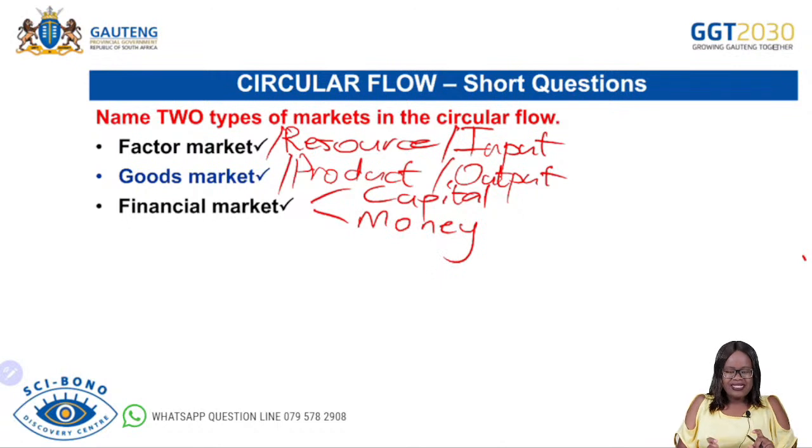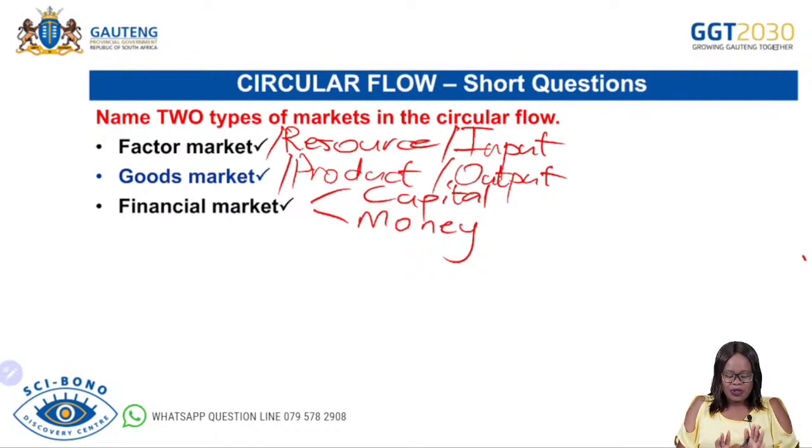Now, in answering this particular question, if, for example, you write capital market and then you also write money market, we will only be allowed to award you 1 mark. Why? Because these particular markets both fall under the financial market. What you'd rather do is at least write capital market and then go to another one, which is maybe factor or product market. I hope that is clear.